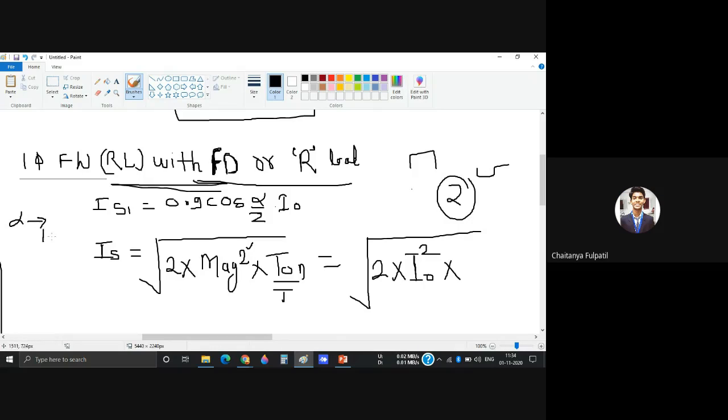Alpha to pi only. Alpha to pi means the on duration is pi minus alpha, divided by total time, which is 2 pi.